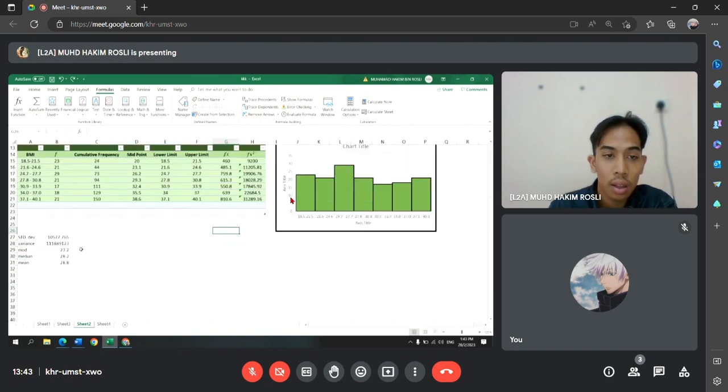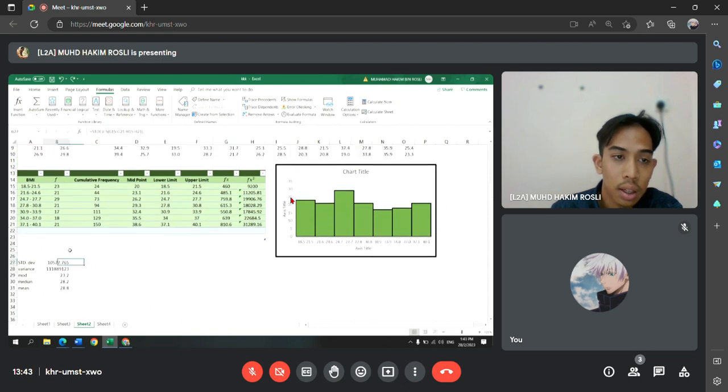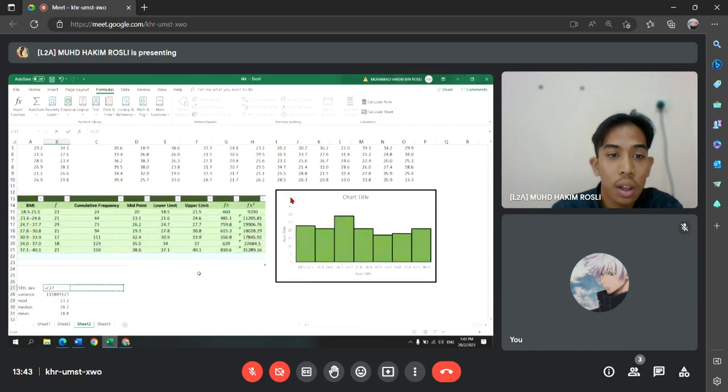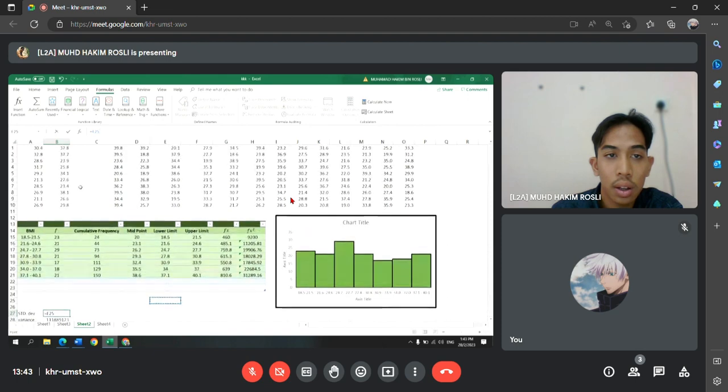And we continue to state the deviation and variance, but there is a problem here since we are using grouped data. In our Excel, when we use this formula STDEV.S, it may take the raw data.